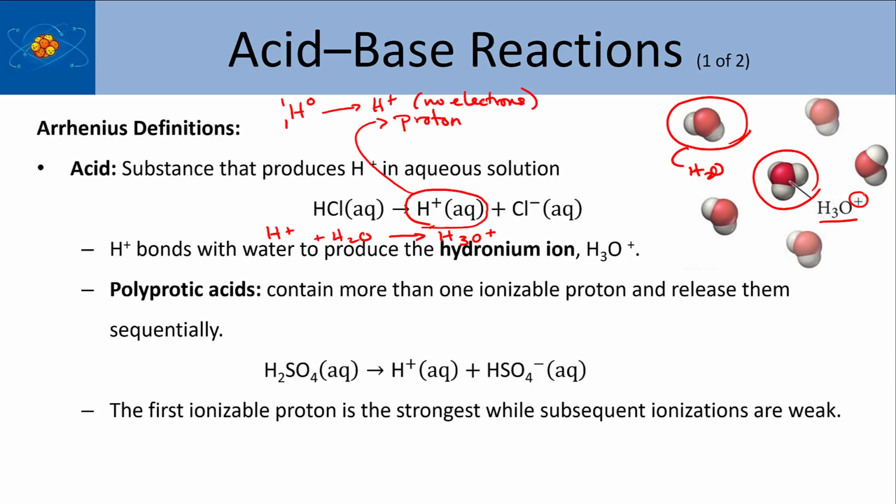Weak acids don't completely dissociate, and there was a list of strong acids that I was telling you to memorize, and those are things like HCl, HBr, HI, HNO3, H2SO4, and perchloric acid, HClO4.